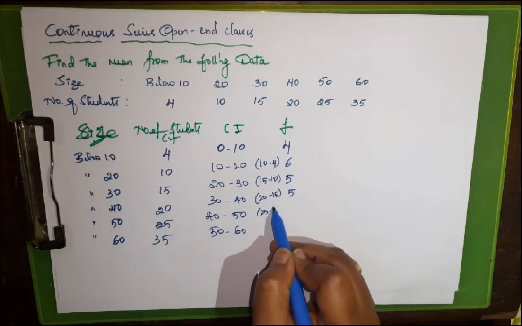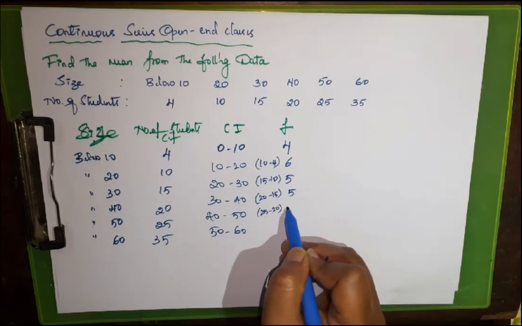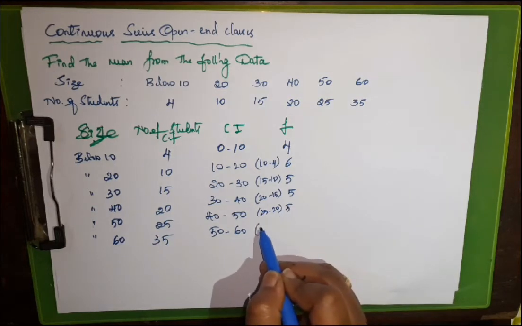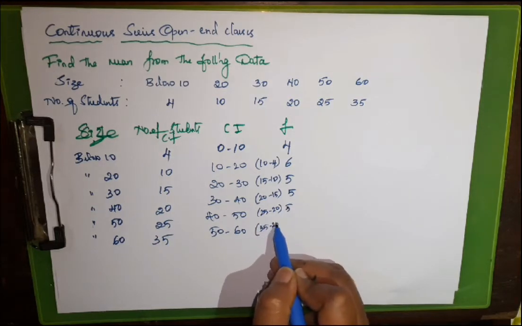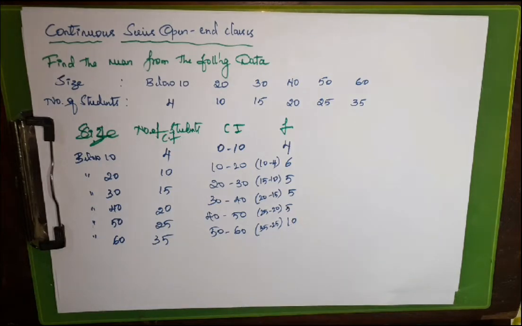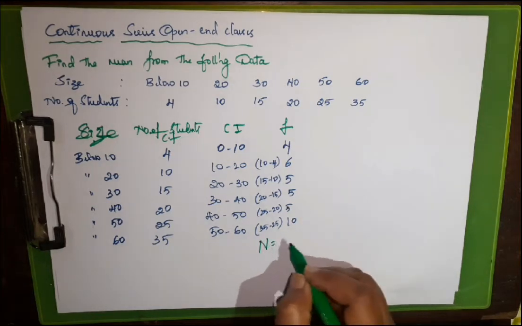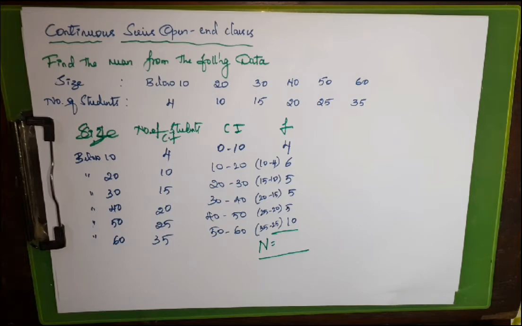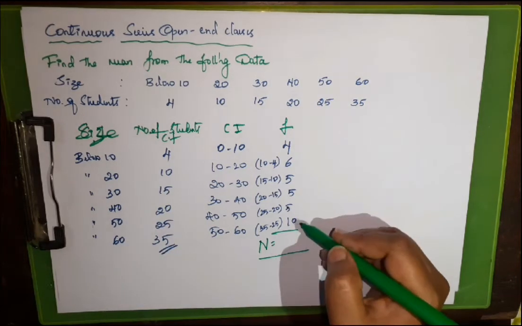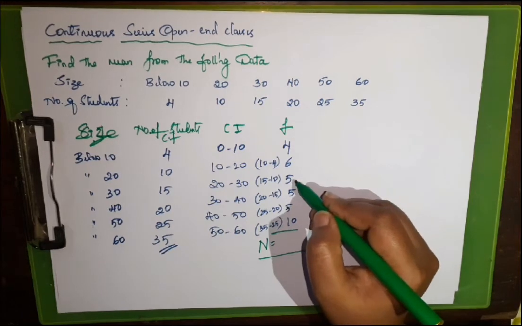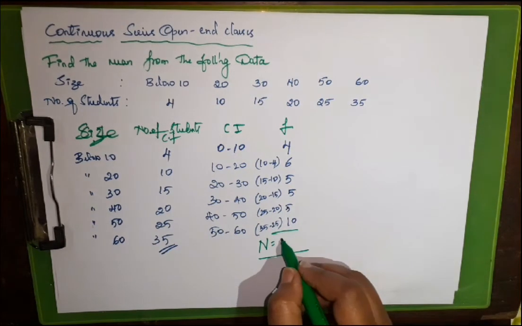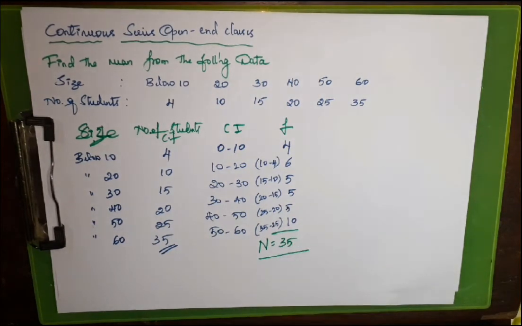Then 25 minus 20, again you will get 5. Then 35 minus 25, you get 10. Now you can make a total of this frequency. Your total of frequency should be equal to the last number. Okay, so 10, 20, 30 and 35. Okay, so this is the frequency we got.